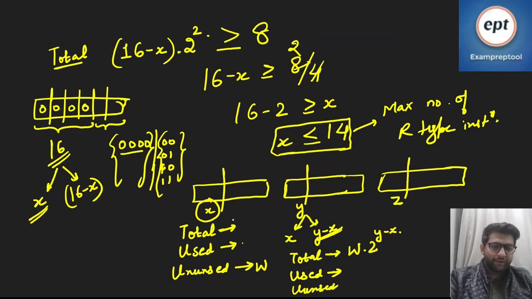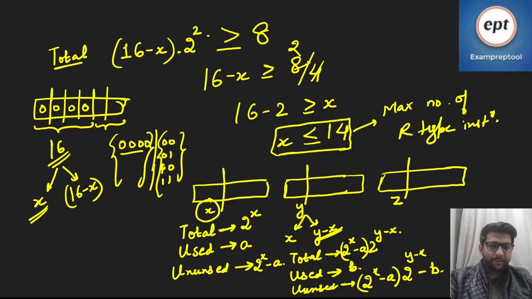So if this was 2 power X, and the used were, let's say a, the unused will be 2 power X minus a. Now the total here will be 2 power X minus a into this. And used for Y, let's say, is b. So unused will be 2 power X minus a, into 2 power Y minus X minus b.